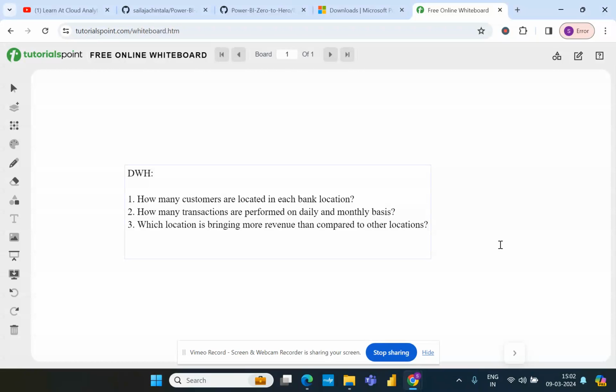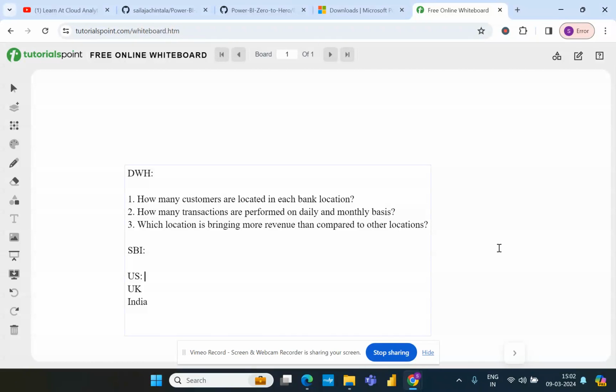Now, assuming that we have SBI Bank, which is located in the US, UK and India. Now let's say that in the US location, and again within US premises, we do have multiple or several branches located in different regions, right? In different cities and different states, everywhere else.